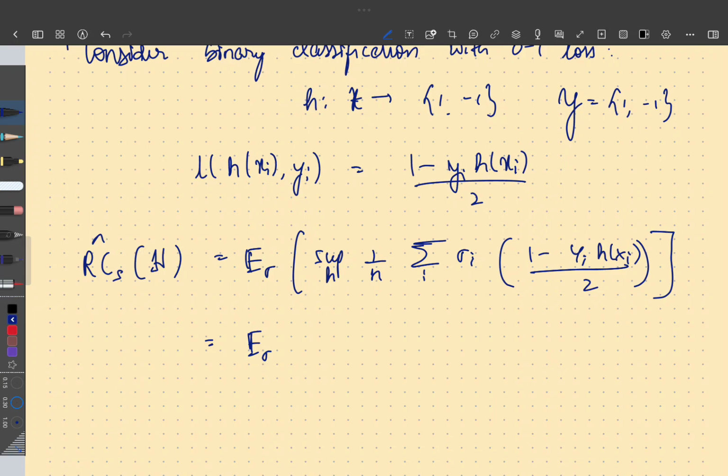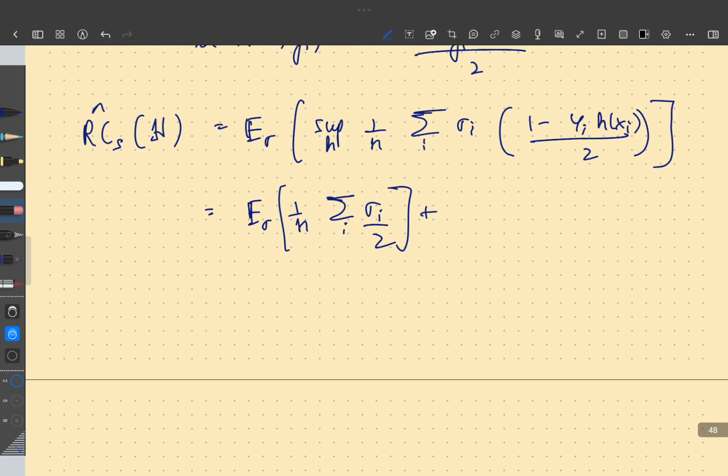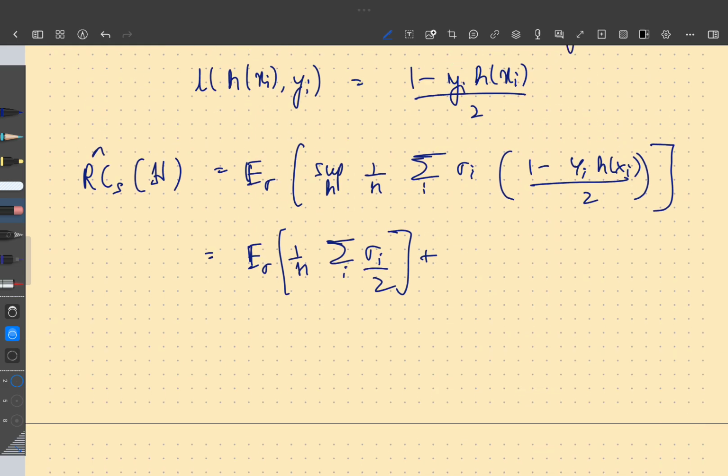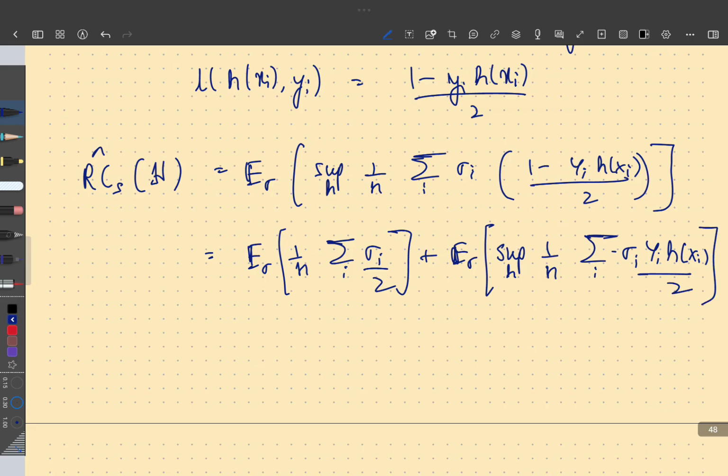Since the first term doesn't really depend on h, this is nothing but expectation over sigma of 1 over n sum over i sigma i by 2, plus expectation over sigma of supremum over h of 1 by n sum over i of minus sigma i yi h of xi by 2.